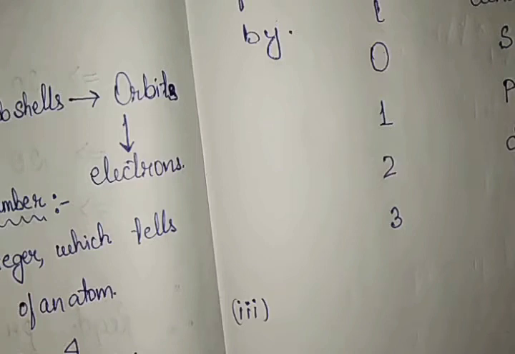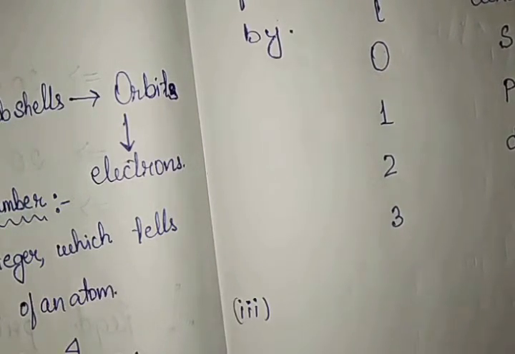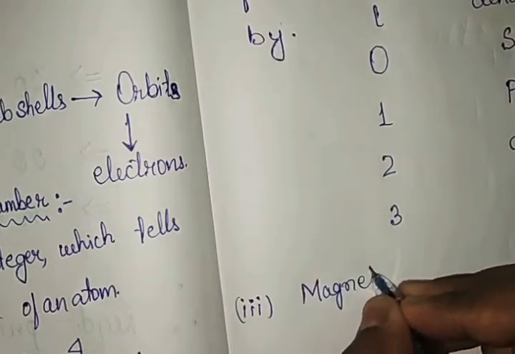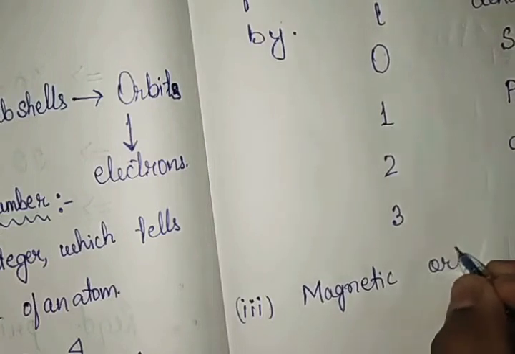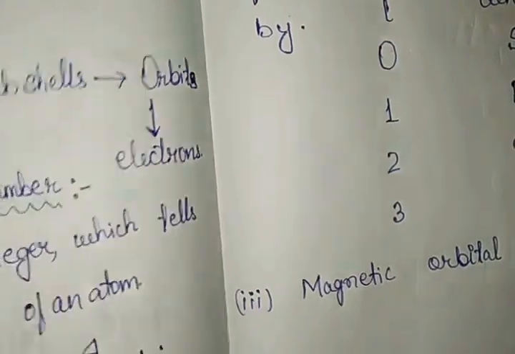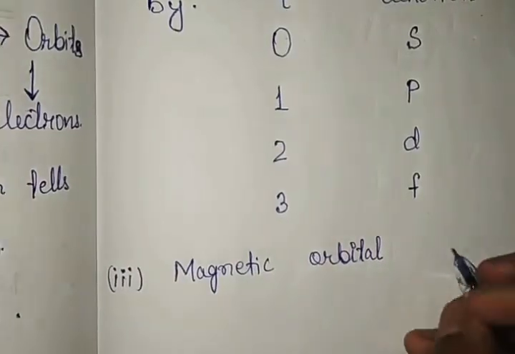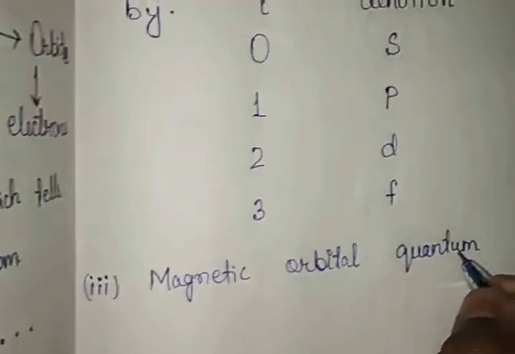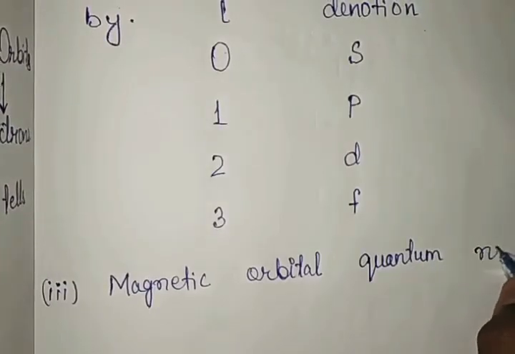It is spin quantum number or the magnetic orbital quantum number. Also it is written with Mn. First let us see the magnetic orbital quantum number, that is M. The third one is magnetic orbital quantum number.